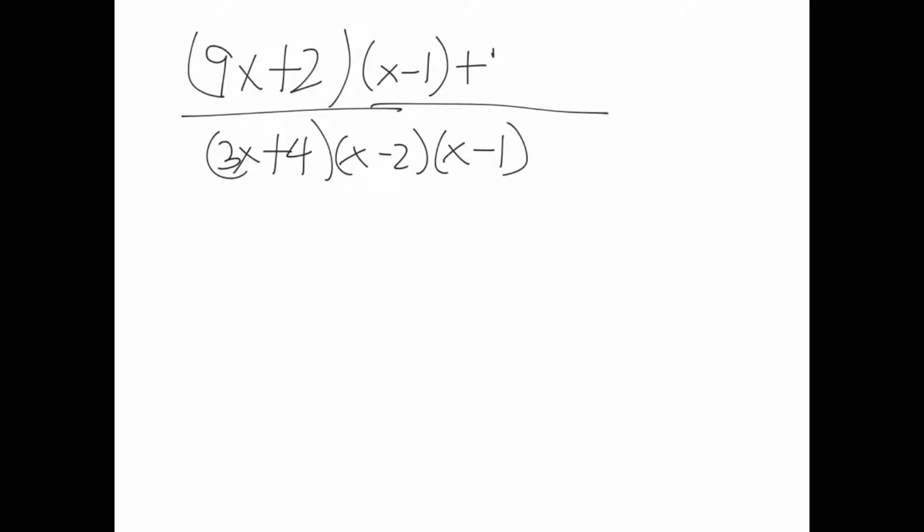Then you'll get the second term, 7, then multiply it to x minus 2, because 3x plus 4 times x minus 1 is equal to 3x squared plus x minus 4, which is the denominator of 7.